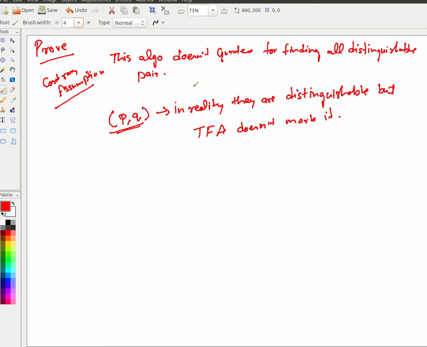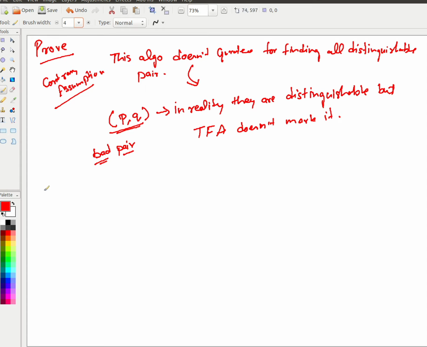That's the contrary. I have just rewritten these words for some assumed tuple. Let's call this a bad pair. What is a bad pair? A bad pair is something that is in reality a distinguishable pair, but the algorithm is unable to find.